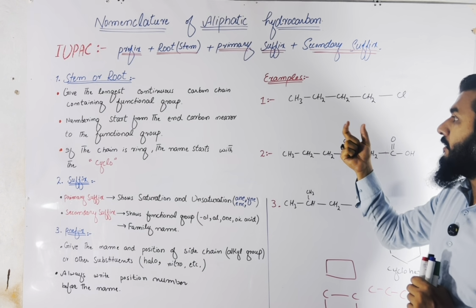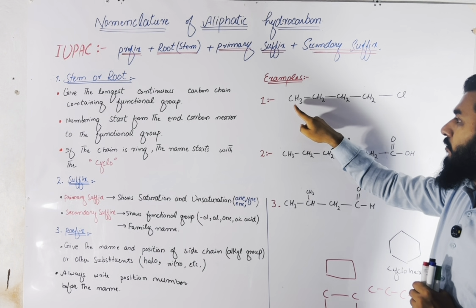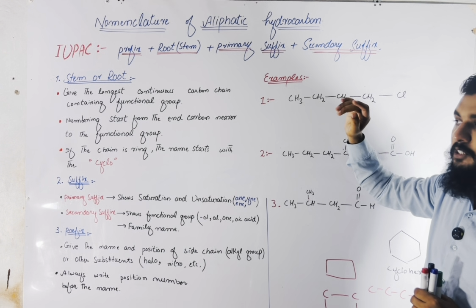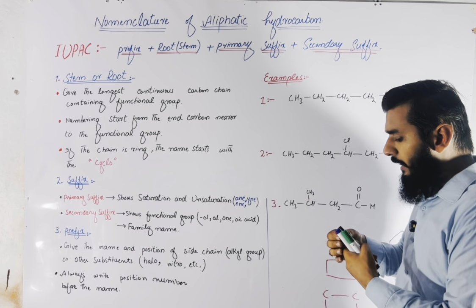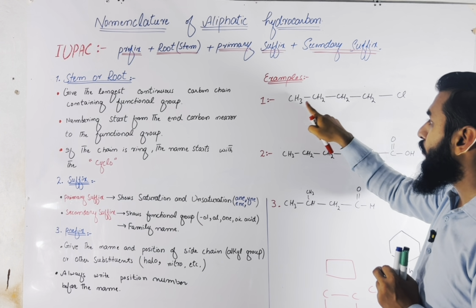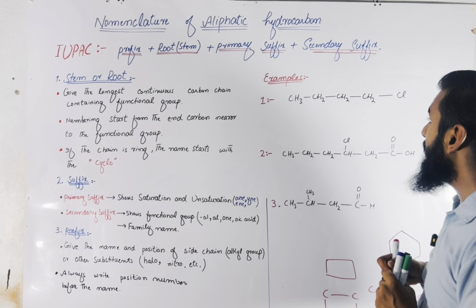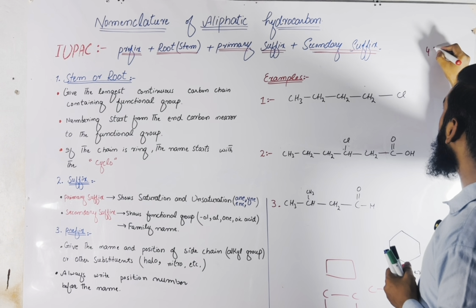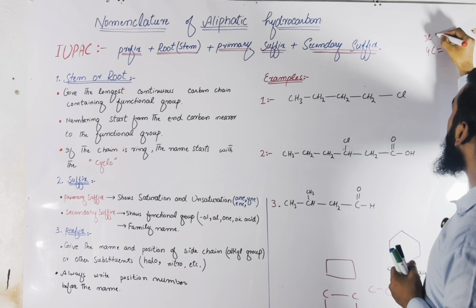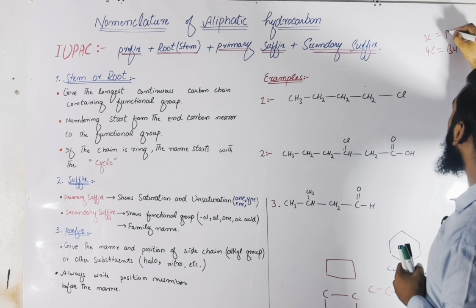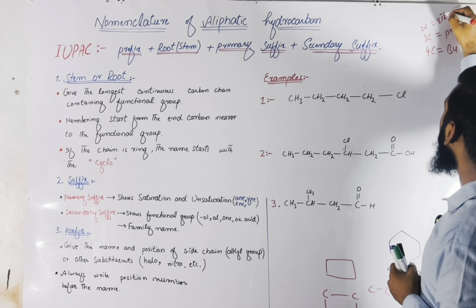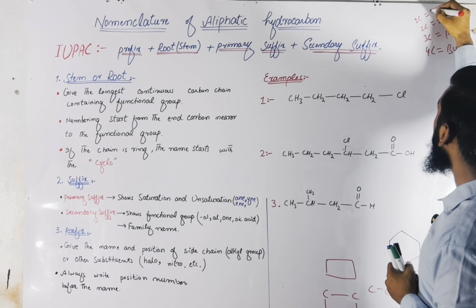First we will find the longest continuous carbon chain, that is 1, 2, 3, 4. So this is the longest carbon chain. A compound that contains 4 carbon atoms, we call it but. 3 carbon compound, we call it prop, 2 carbon compound, we call it eth, and 1 carbon compound, we call it meth.